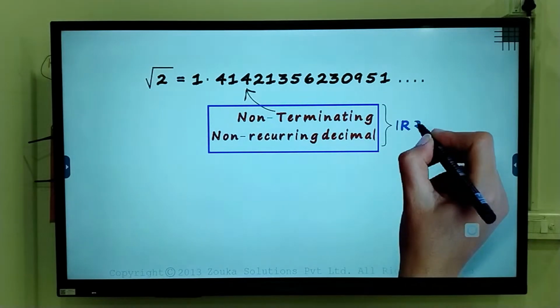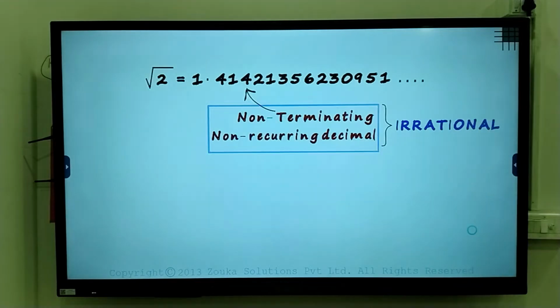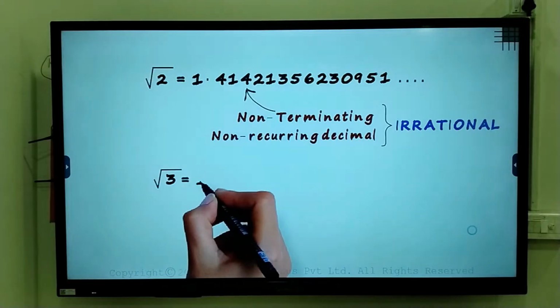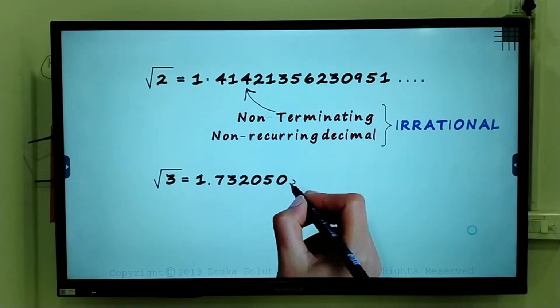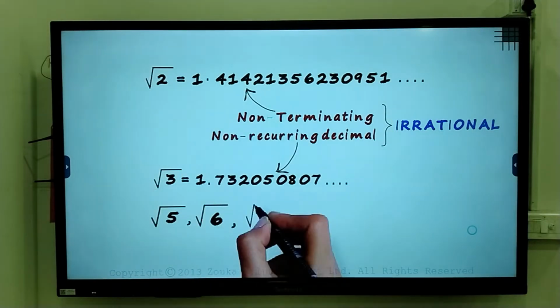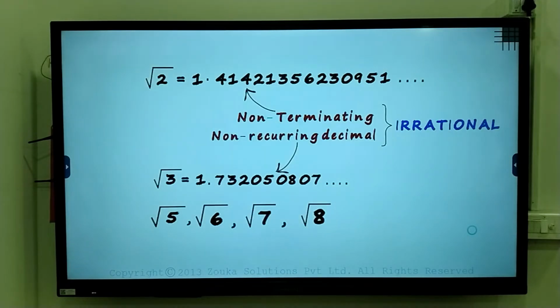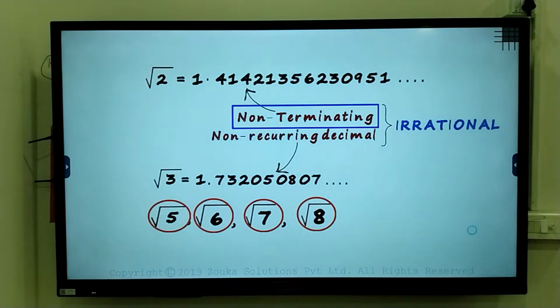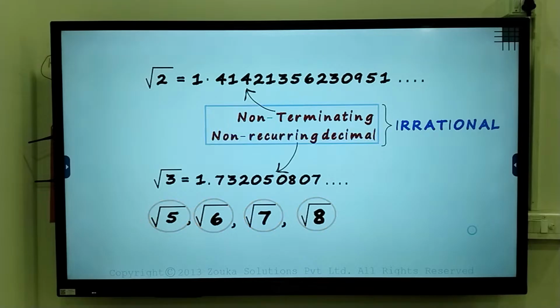These kinds of numbers are called irrational numbers. Consider square root of 3 for instance. You will get its value as 1.732050 and so on. Even this decimal is non-terminating and non-recurring. So root 3 is also an irrational number. You can try calculating the values of root 5, root 6, root 7 or root 8. You will find that all of them result in non-terminating, non-recurring decimals.